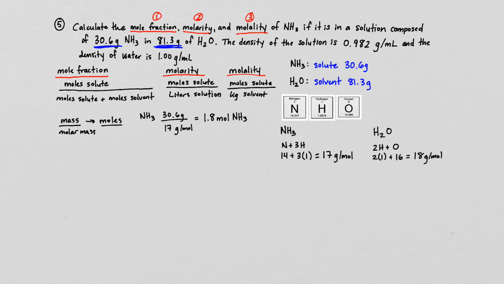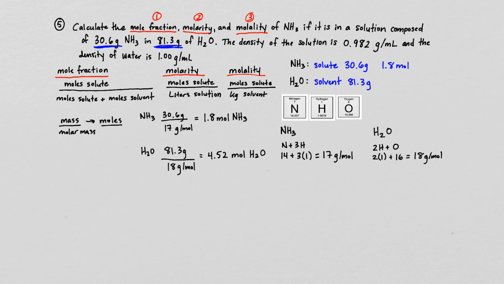Okay, and that's a good number to keep, so I'm going to put that over here. I have 1.8 moles of that. All right, the next is water. So water, H2O, I have 81.3 grams of water divided by 18 grams per mole, which is equal to about 4.52 moles of water.